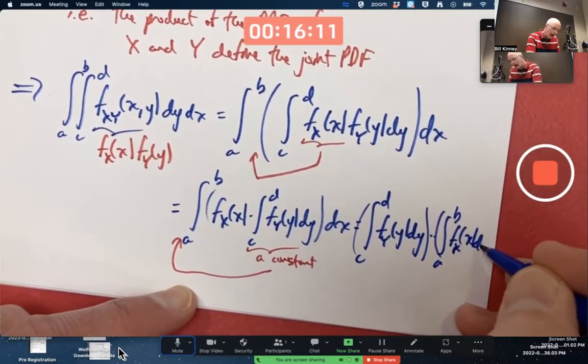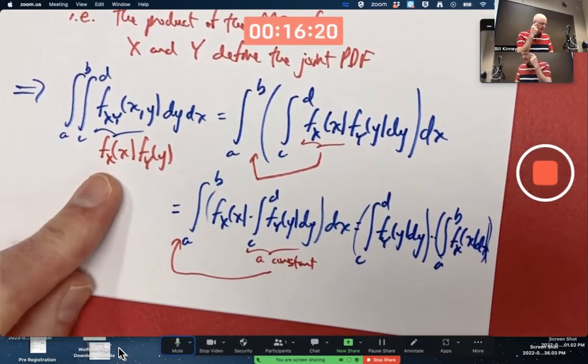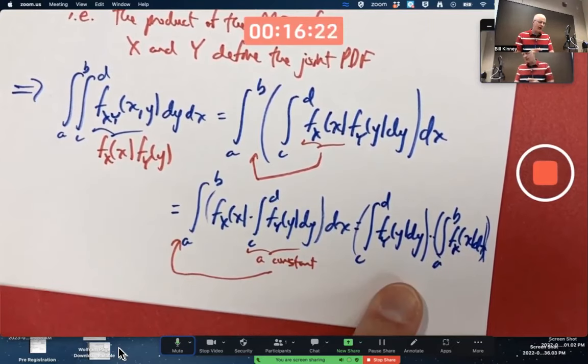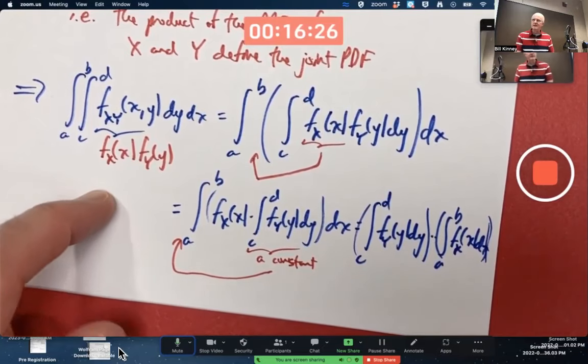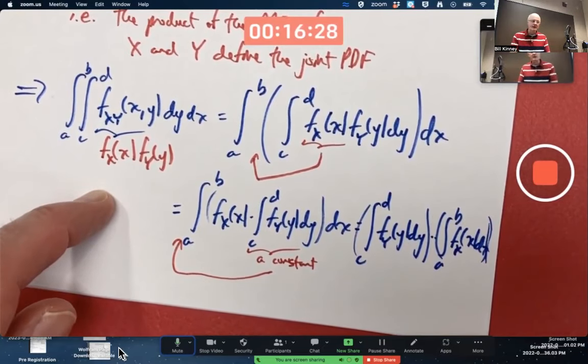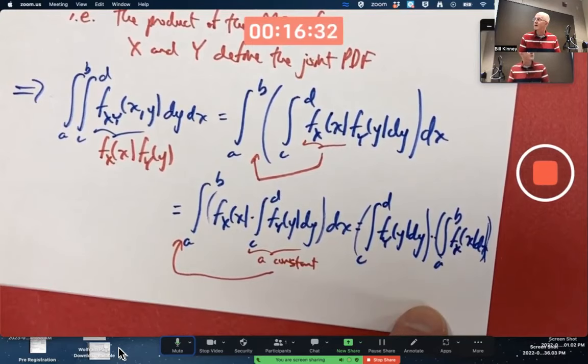Almost out of paper here. And that's a very good thing, right? That means this double integral could be done this way, and that should seem good. Probabilities for the joint random variable can be found as products of probabilities for the individual random variables.